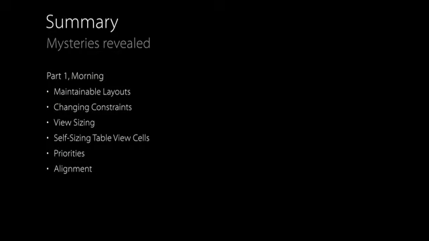All right, so we have come a very long way today. If you were with us this morning, you saw us talking about maintainable layouts with stack views and changing constraints properly, working with view sizing and making self-sizing views, and then using priorities and alignment to make sure that your layout stays exactly the way you want it to in various adaptive environments.